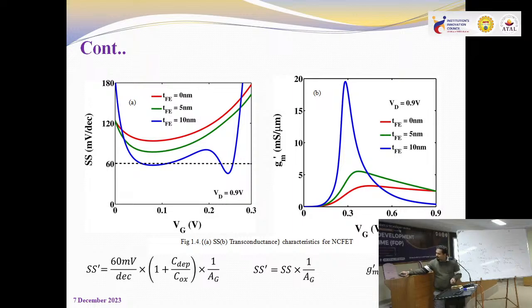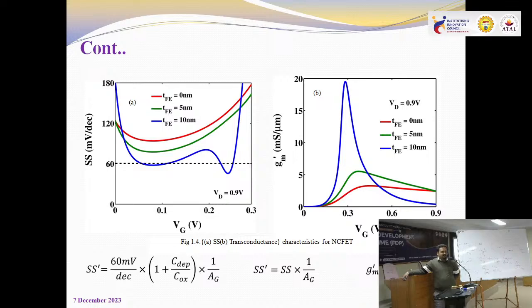Now this is for TF equals 5 nanometer. It has come down but not below 60. Now just see here at TF equals 10. It has gone below 60 and is approximately 45 millivolt per decade. So subthreshold slope has been reduced to 45.